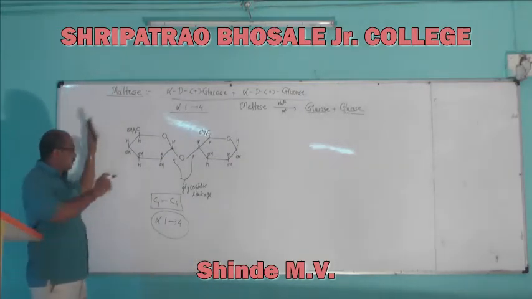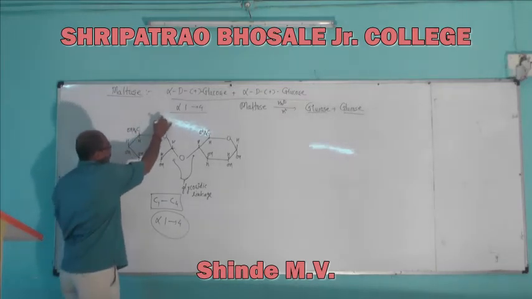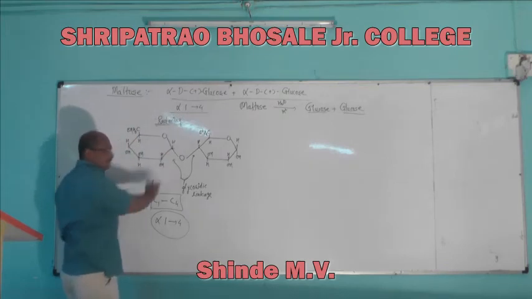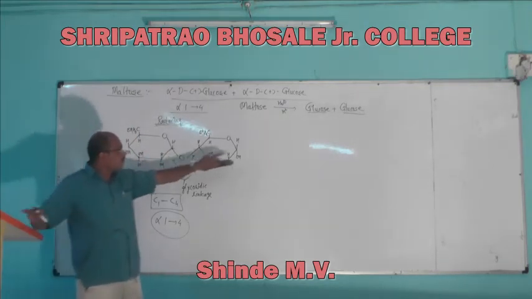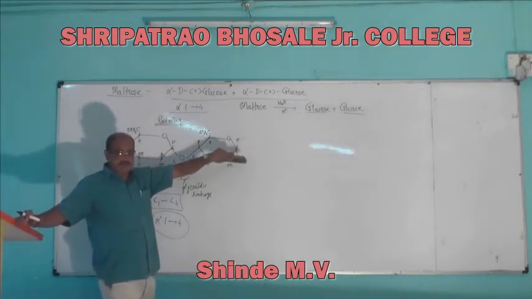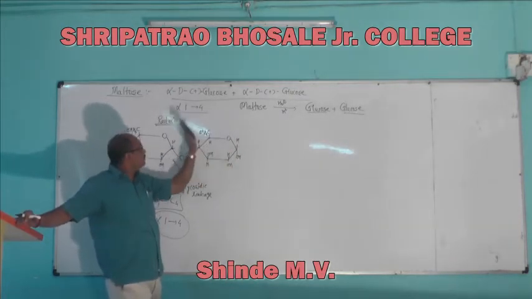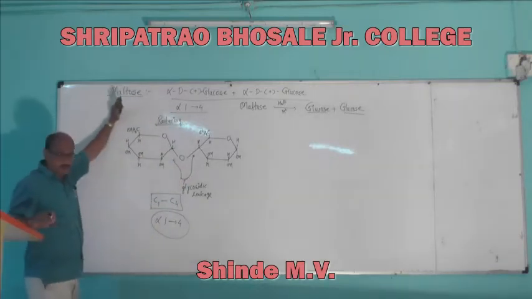It is reducing in nature. It has a free aldehyde group at this C1, so it must be reducing in nature. This is the structure of the maltose molecule.